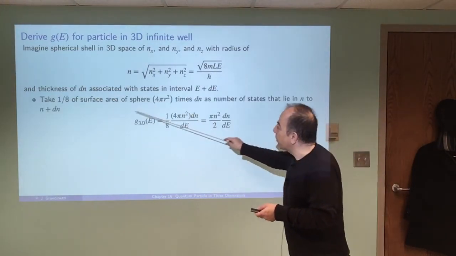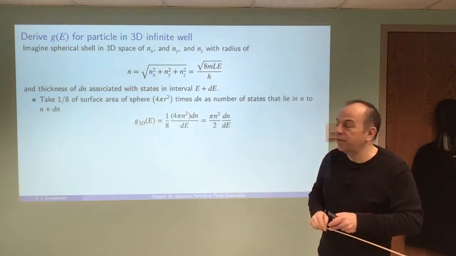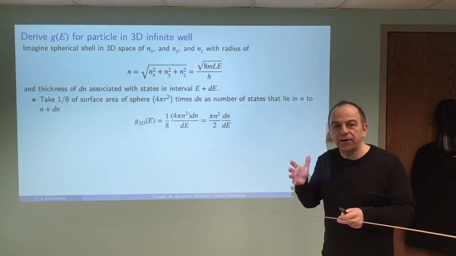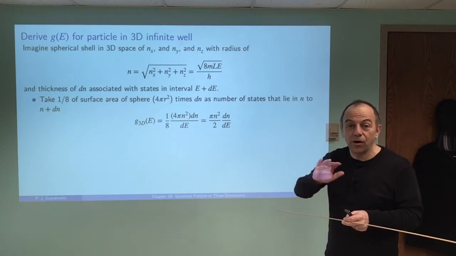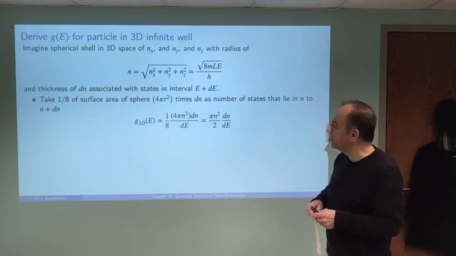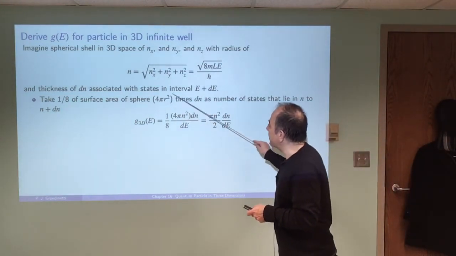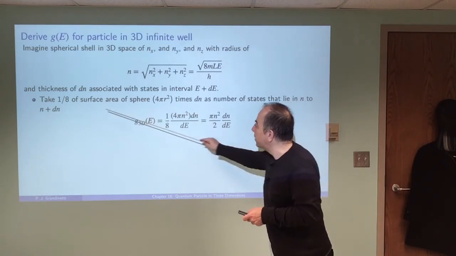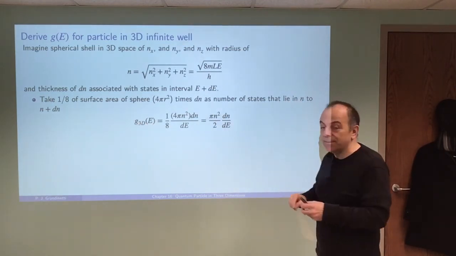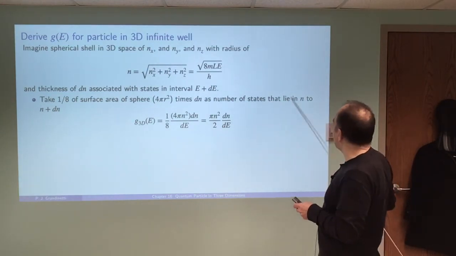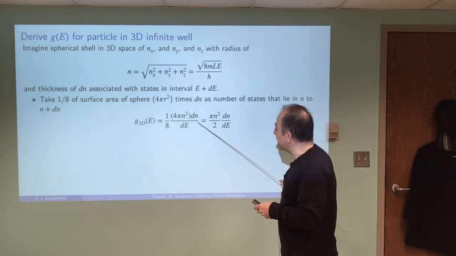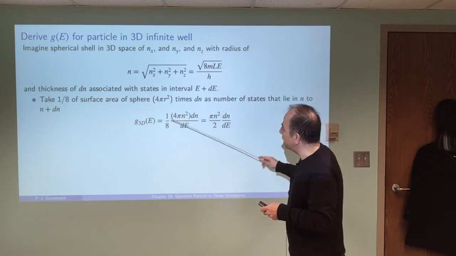And now we're going to take only 1/8 of the surface area of this sphere, because that's the octant where nx, ny, and nz are only allowed to be positive. And so the surface of the sphere is 4 pi r squared. Take 1/8 of that, multiply it times dn for some thickness, and that's the number of states that lie in n to n plus dn. That gives us this equation here.